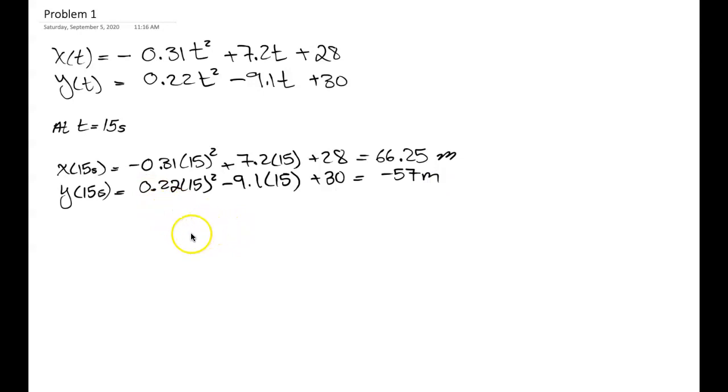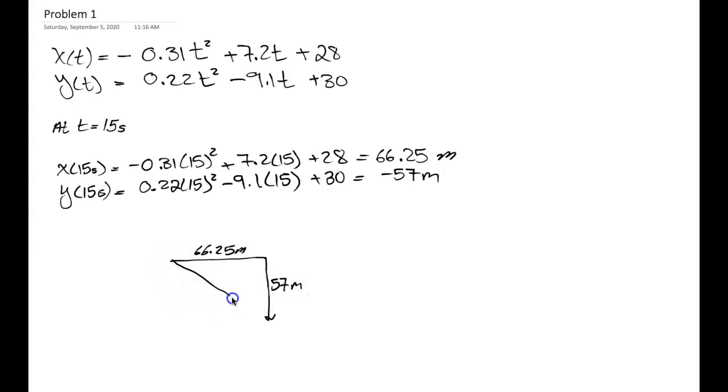Now you can think of this as the x component is 66.25 meters, and then the y component is negative 57, so it's downward.